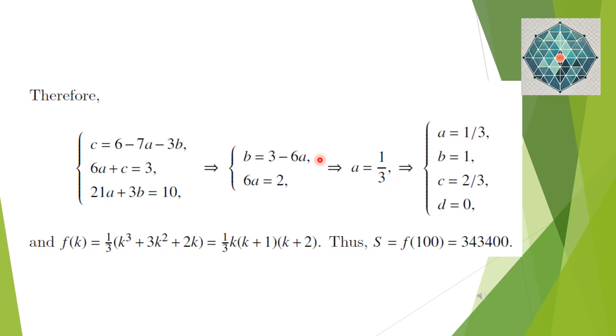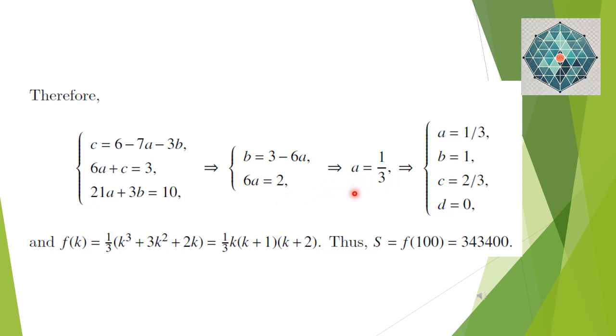From another equation, we also get 21 a plus 3b equals 10. Now, subtract the 2 to solve for a. 21 a plus 3b minus 7 a minus 3b equals 10 minus 3. This simplifies to 14 a equals 7, so a equals 1/3.